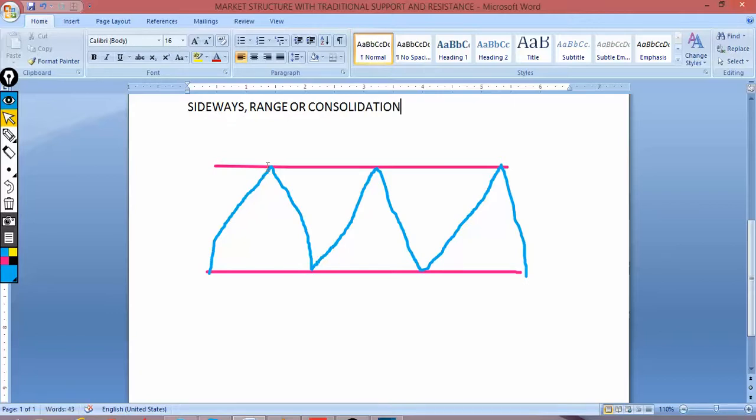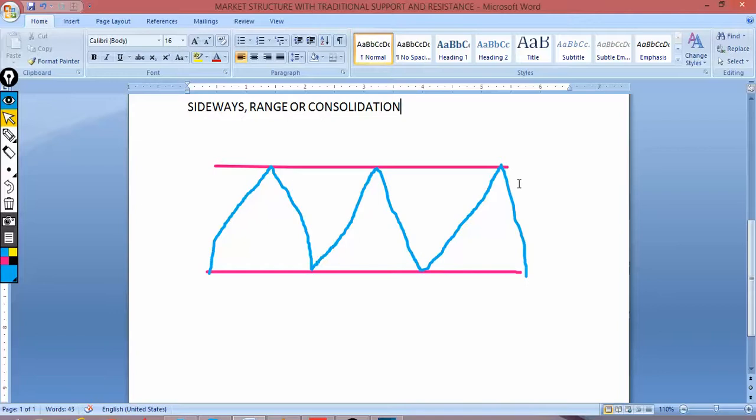It just means that the market is in these two levels. The top level is obviously your resistance, because it is holding the market from traveling above it, and the bottom is your support, because it is holding the market from going down.